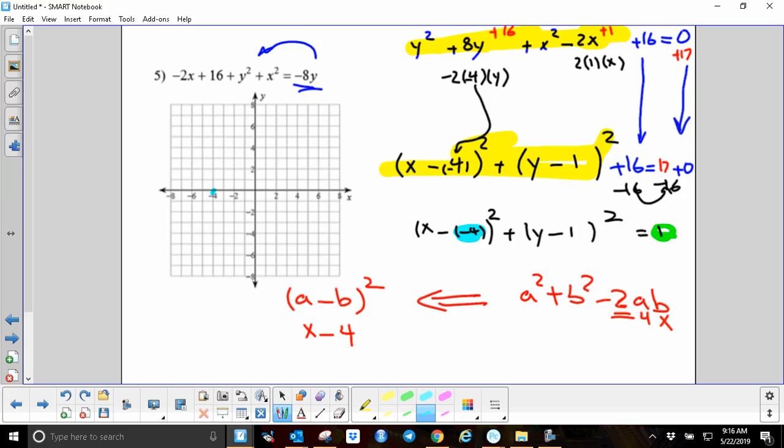That's negative 4. And then 1. You go off 1. That's the center of your circle. And then the radius, r, 1 squared is 1. So r is 1. It becomes 1 this side, this side, this side, and this side.